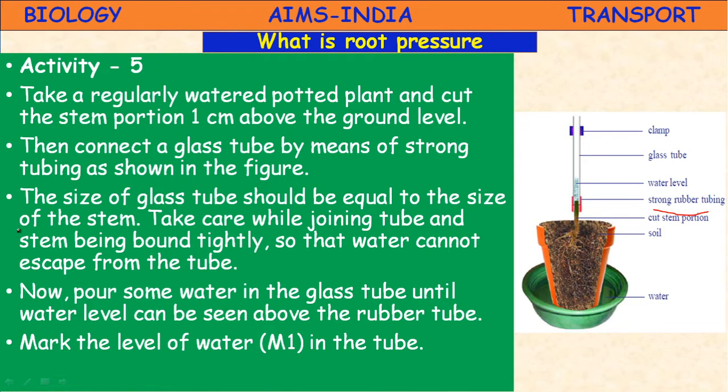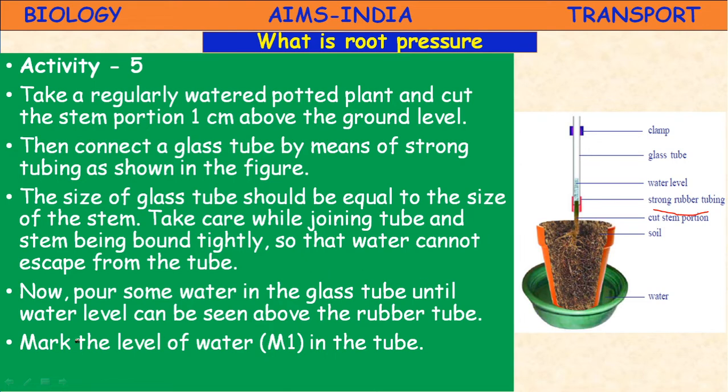The size of the glass tube should be equal to the size of the stem. You have to select a glass tube whose diameter fits equally. Take care while joining the tube and stem, binding them tightly so that water cannot escape from the tube.